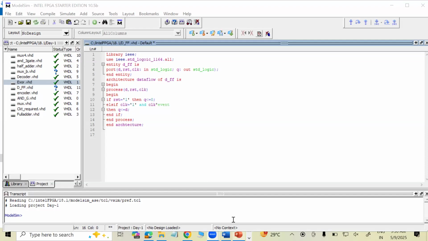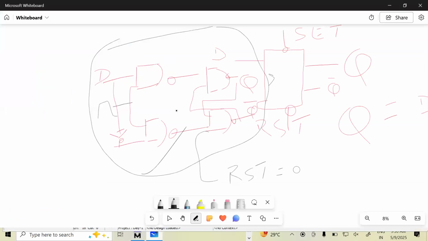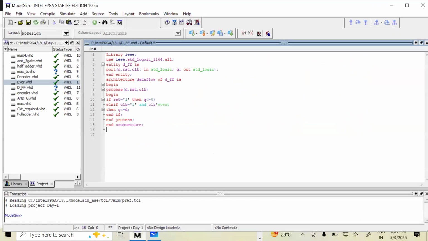Like without clock, if you go through this figure, this flip-flop will retain its status. On providing clock, it will only work. Even if clock is provided and RST is 0, then irrespective of these inputs, Q will always be 0. So you have to take care of this architecture. That's why it is written.